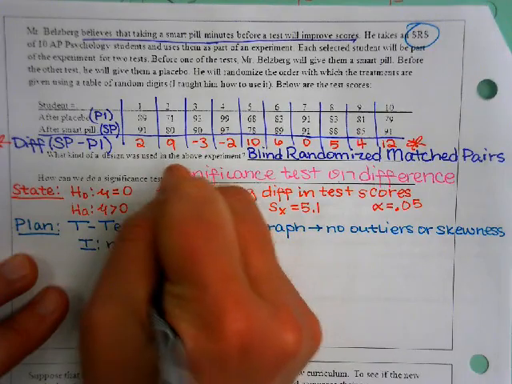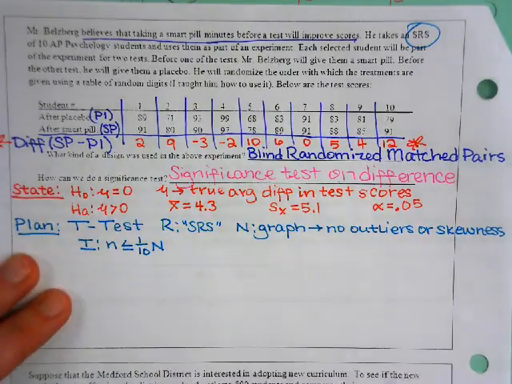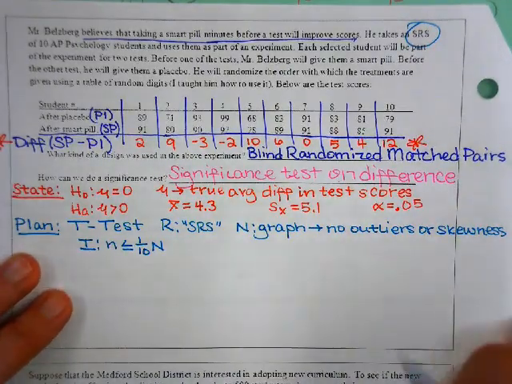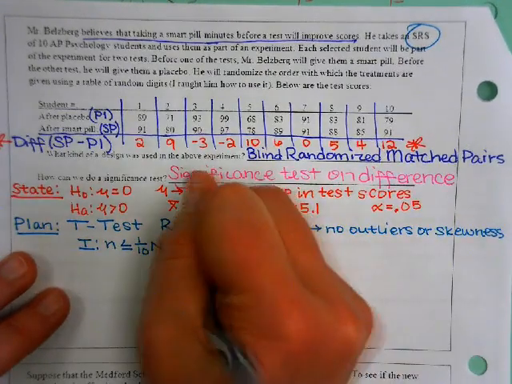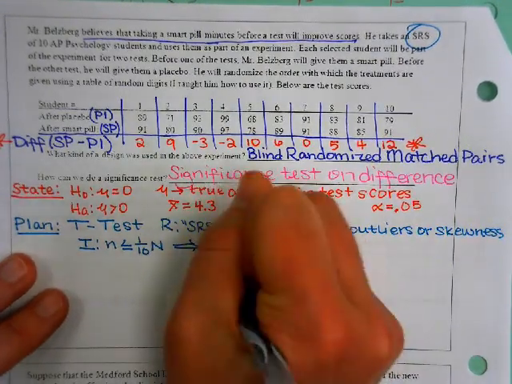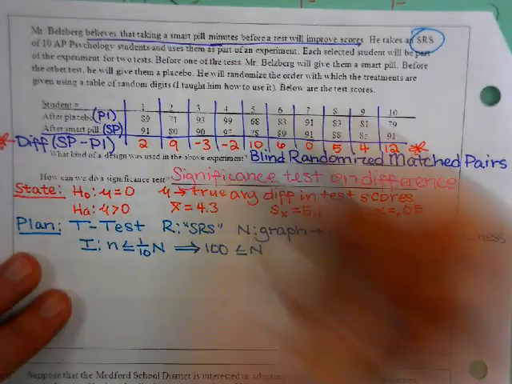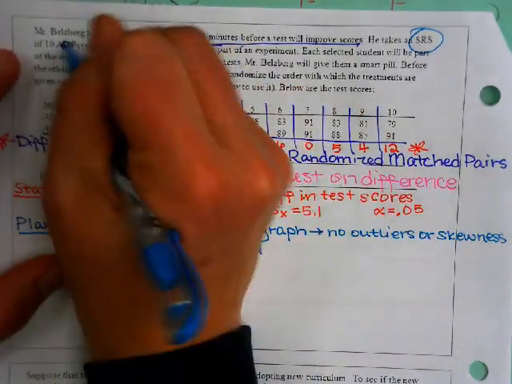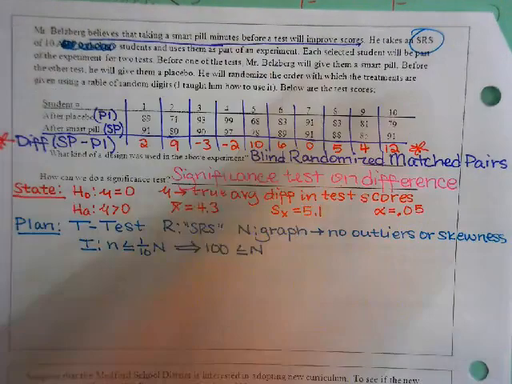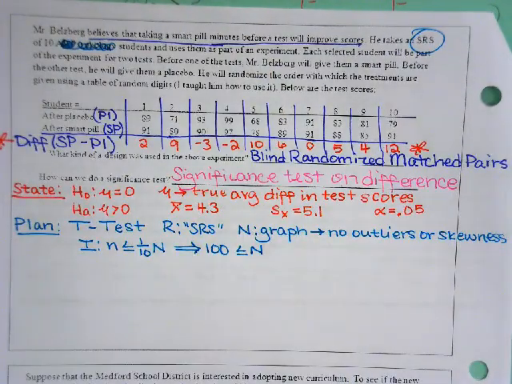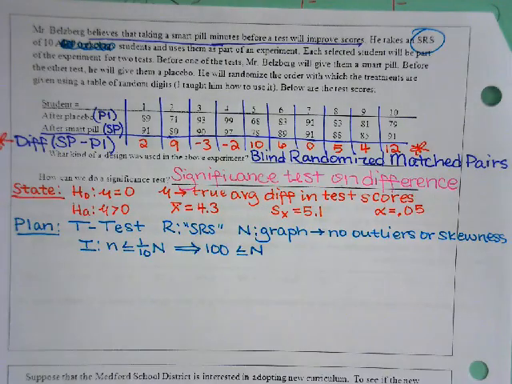The sample was 10, so that means the population has to be at least 100, which he doesn't have, 100 students in AP Psych. So let's just get rid of the AP Psych part and just say he did it to 10 students. It could have been all of the students ever. All right, any questions on the plan?